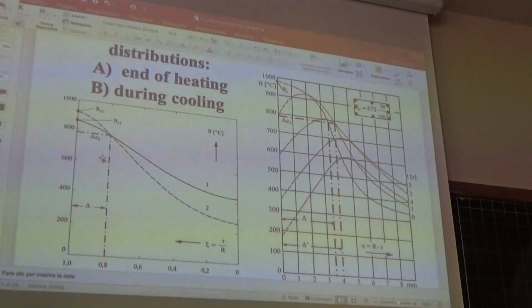So it means that, first of all, if we fix 20% of the layer starting from the surface, we could have much more layers transformed into austenite because there is a diffusion.